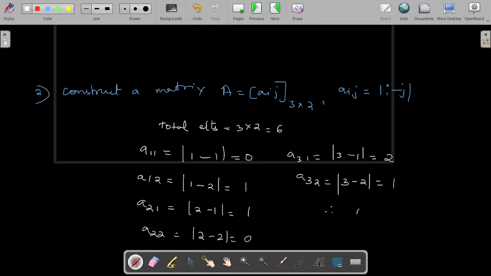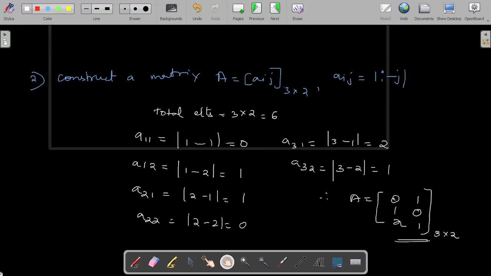So therefore the matrix A equals, write the first row A11, A12, so 0, 1, then the second row 1, 0, then the third row 2, 1. This is the given matrix which has order 3 by 2.